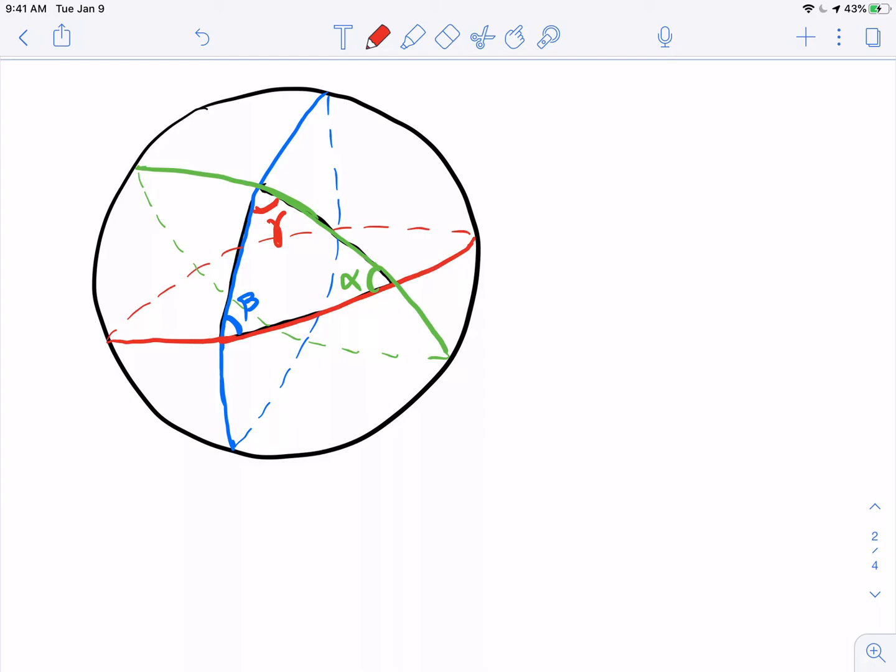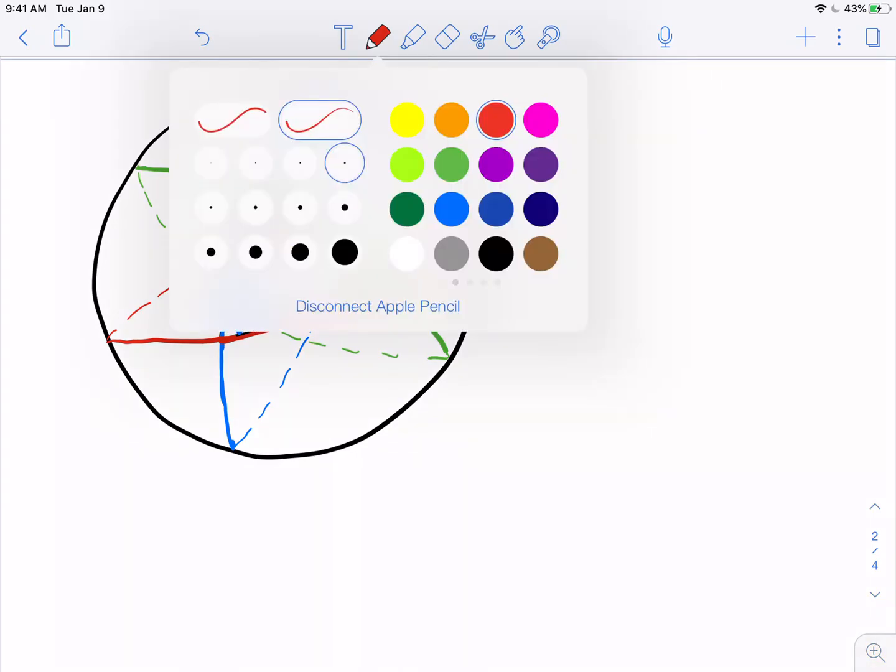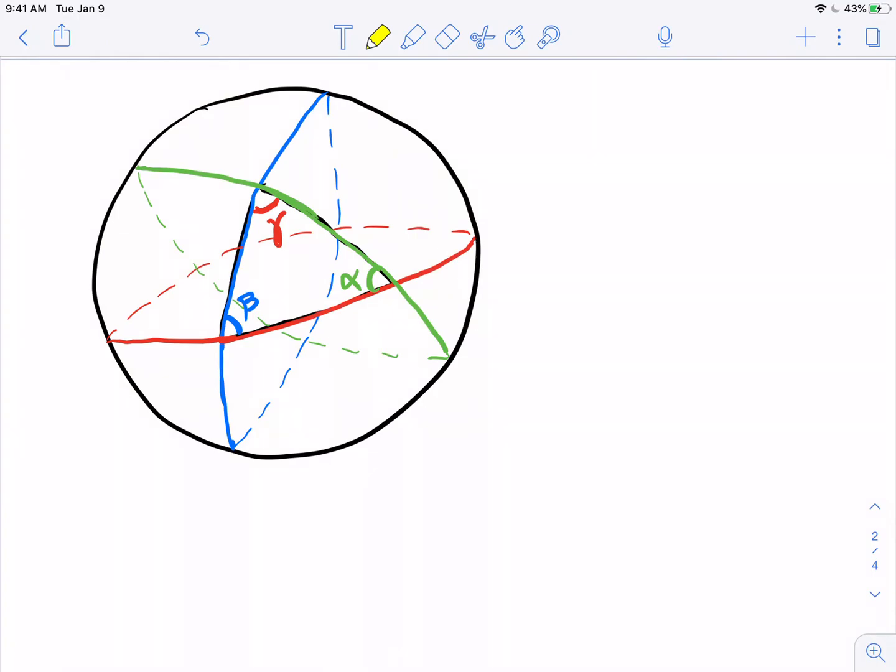The first thing to notice is that there's kind of an identical copy of this triangle on the back side of the sphere where the dashed geodesics intersect each other. So you can see that triangle in the back right here.